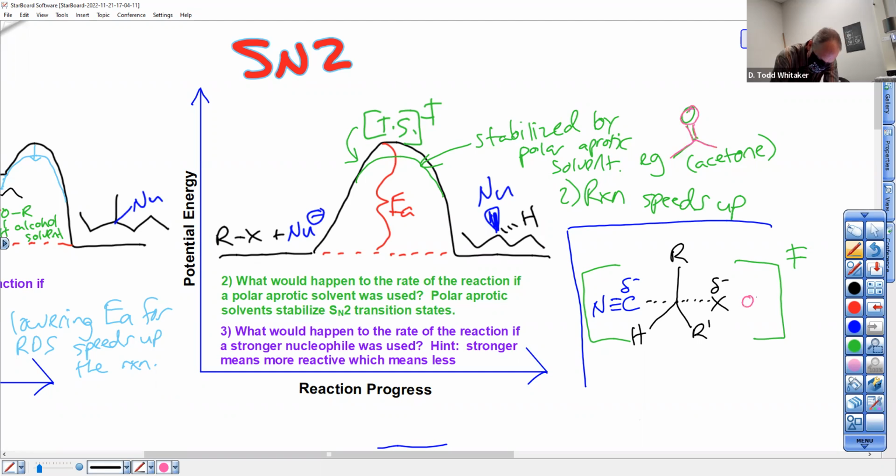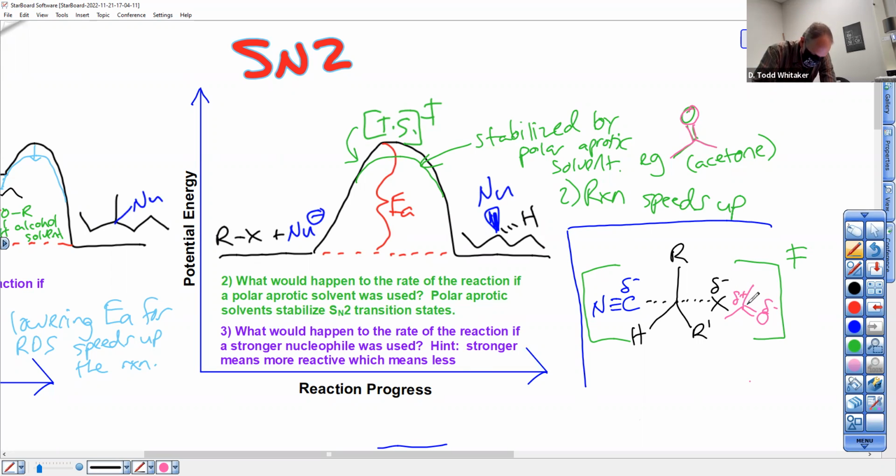The O sits out here because it's, oh, that's no good. The carbon sits out there. Why? Because that puts a delta plus near a delta minus, right? What's going to happen to the stability of this when you have a slightly positive charge near it? It's going to go up or down. You're going to get happier or less happy. Happier. When charges are opposite, things get more stable.